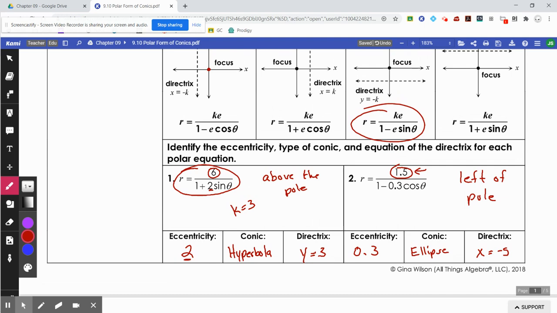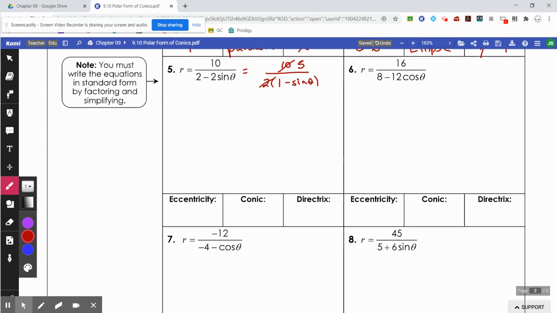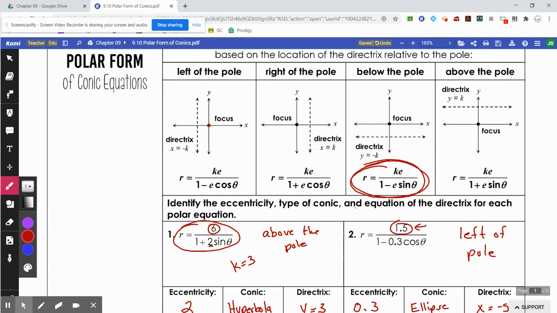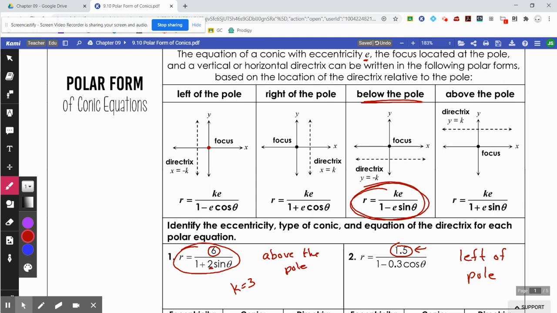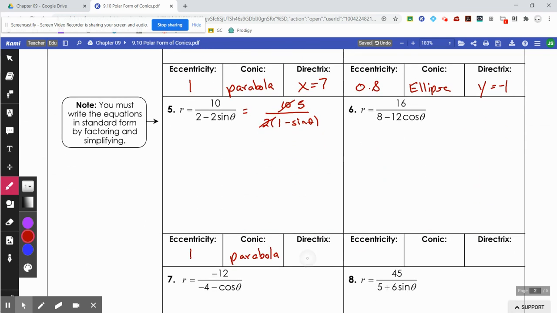So now we can match it. 1 minus sine theta is going to be that exact same one. Our eccentricity, obviously, is going to be the number in front of that sine. So we're going to have an eccentricity of 1 here. So it has to be a parabola. 1 minus sine theta, again, let's go back. That means that my directrix is going to be below the pole.